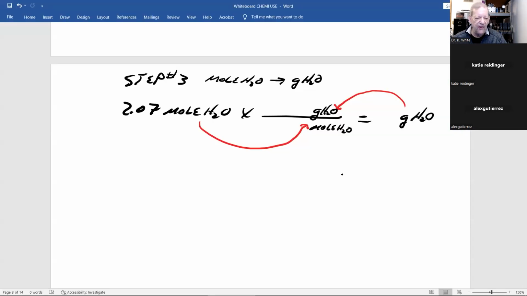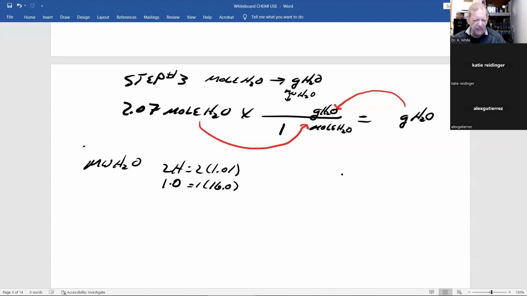So for every 1 mole here, we need the molecular weight of water, which we calculated earlier, but let's do it real quick. 2 hydrogen, 1 oxygen. 1.01 is the atomic weight of hydrogen, 16.0 the atomic weight of oxygen.